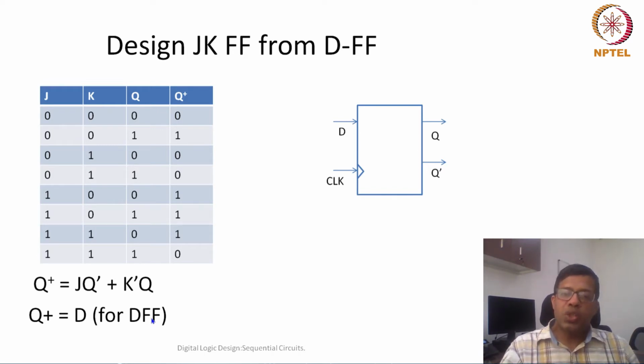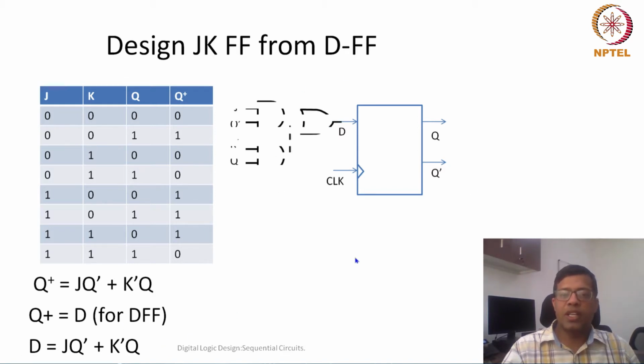Now if this is so, then whatever is the value of J Q dash plus K dash Q, we can assign it to D, and then this whole system will work like a JK flip-flop.